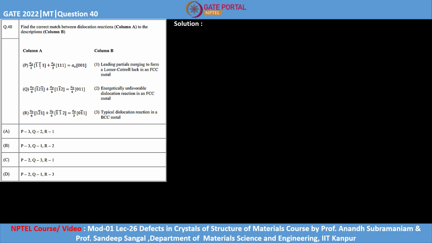And this 1 bar 1 direction is lying in the 101 plane, and this dislocation is lying in the 101 bar plane, right? In BCC, slip occurs in the 111 direction and in the 110 set of planes.